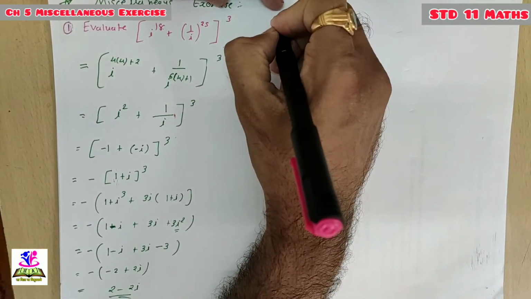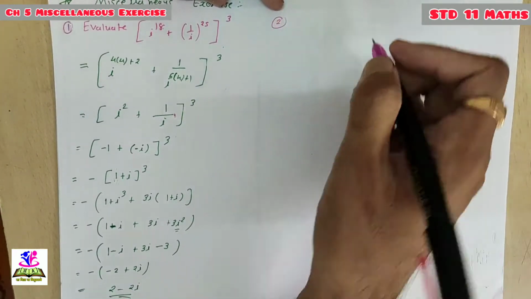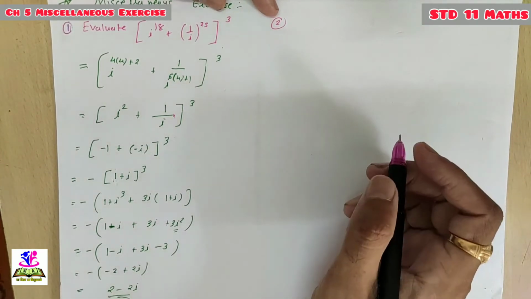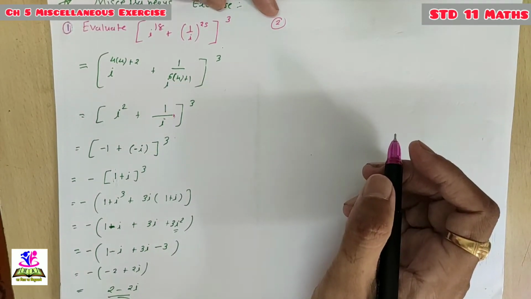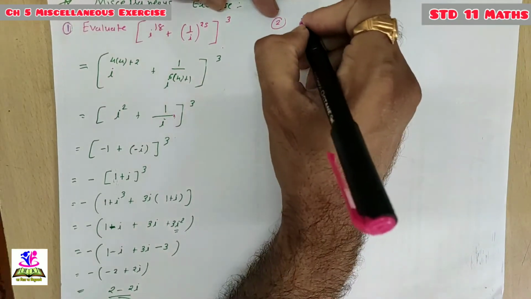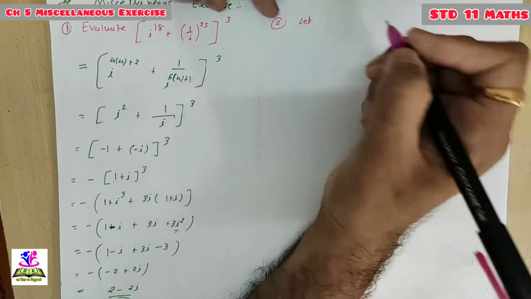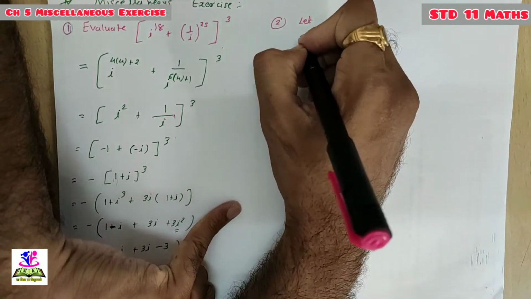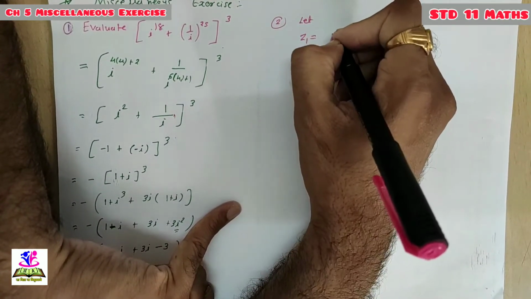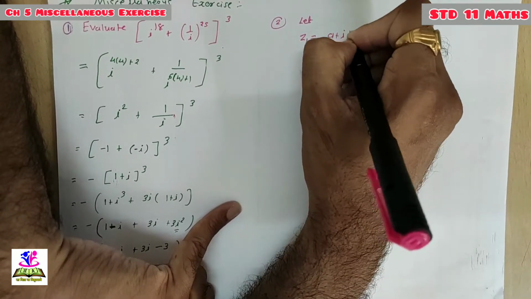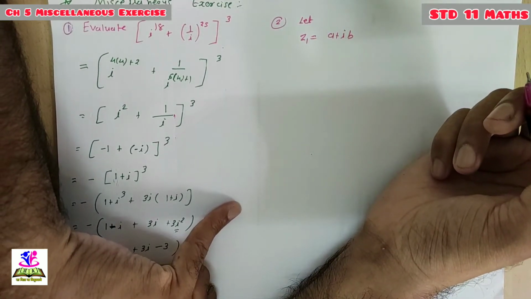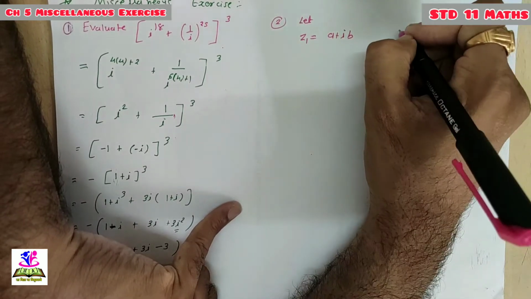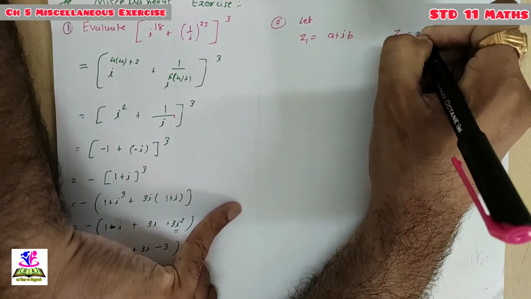Now let z1 equal a plus ib. Two complex numbers are there, z1 and z2. So let z1 be equal to a plus ib and z2 equal to c plus id.